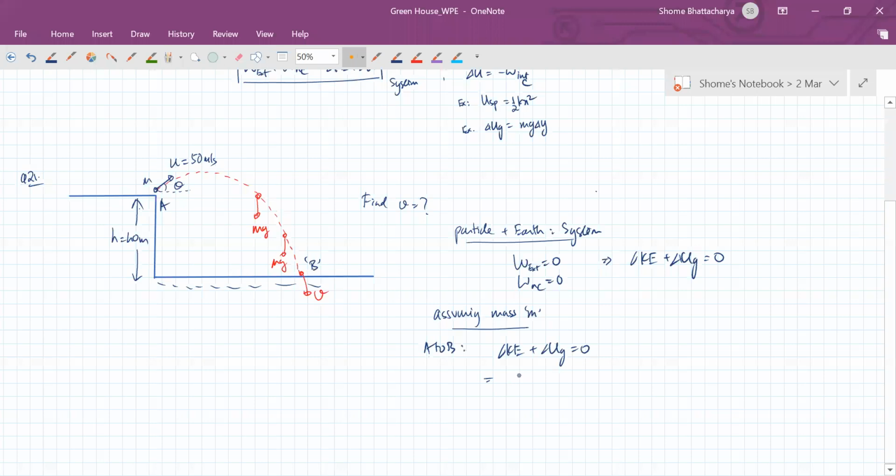So half m (v square minus u square) minus mgh should be zero. So you get a very simple relation that v is the square root of u square plus 2gh.